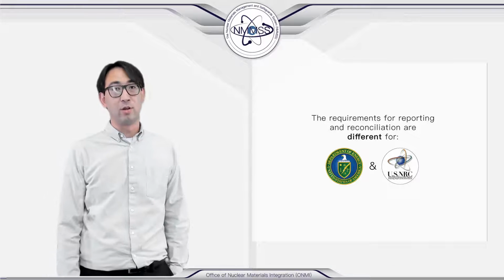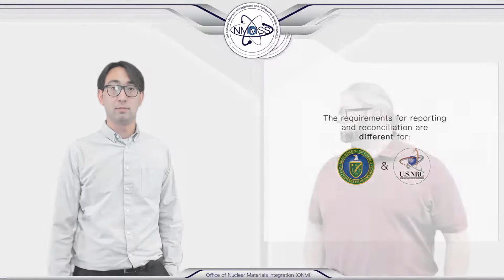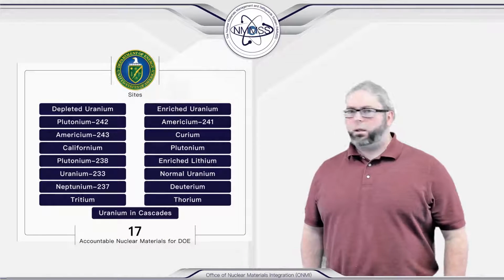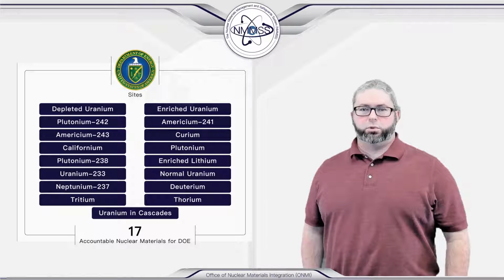Not necessarily, John. The requirements for reporting and reconciliation are different for DOE and NRC. That's right. For DOE sites, if they possess a reportable unit of accountable nuclear material at the time of inventory, they must report and be reconciled with NMMS.